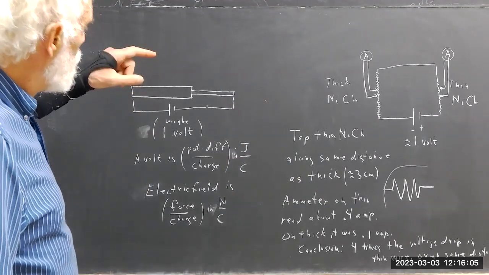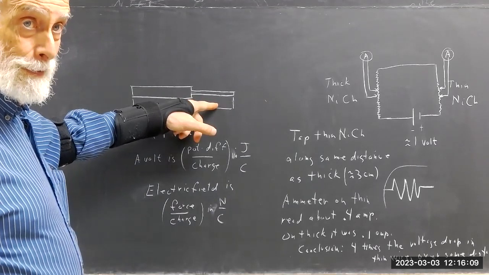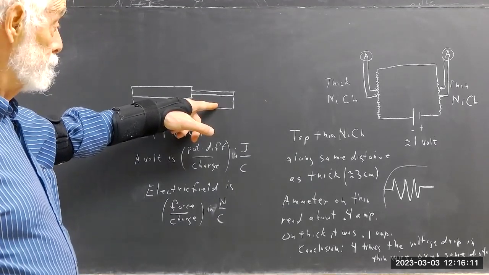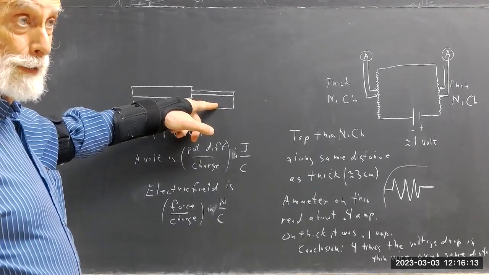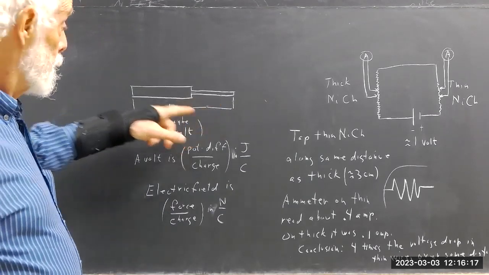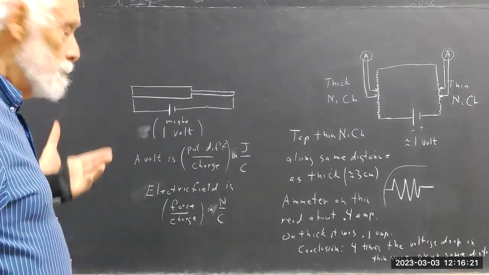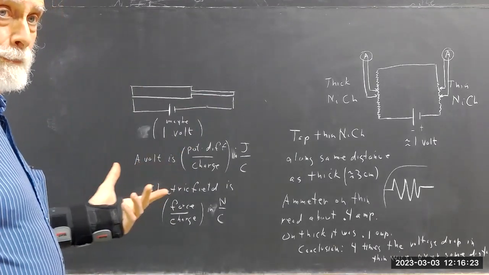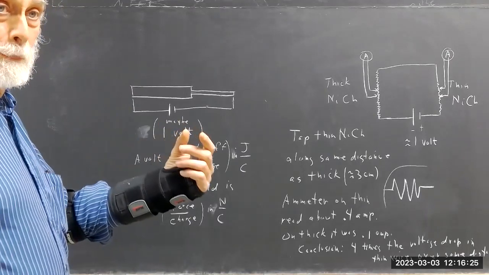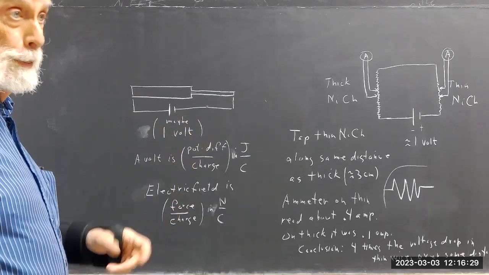Where do you have more charges available? Assume these are the same material, which I think they are, both nichrome. Okay. So these are the same material. Where do you have more coulombs of charge per unit of length? Well, it's going to be here because you got more wire per unit of length.